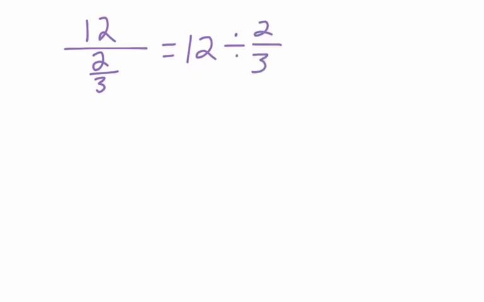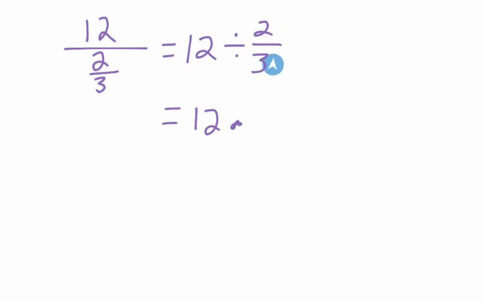What I did there was use the way that I would say it, and do a symbol substitution where I replaced the fraction bar with the division symbol, the middle school little division symbol. The reason I did that was because that makes it easier to invoke the definition. So this is really 12 times the reciprocal.